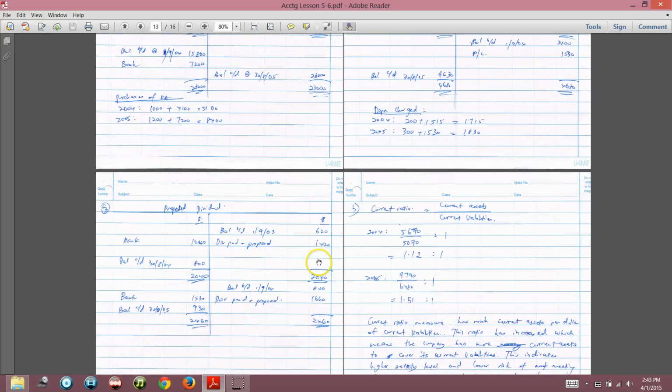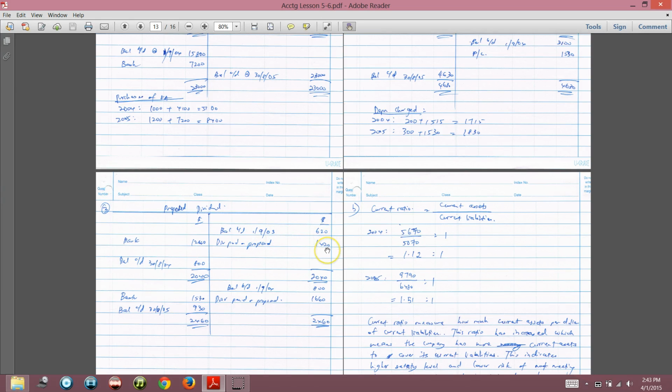Some students may like to do it in a T account format because you could be very familiar with the T account. You see, this proposed dividend is the same nature as a creditor, so the balance brought down should be on the credit side. The balance brought down at the beginning of 2004 is 620.